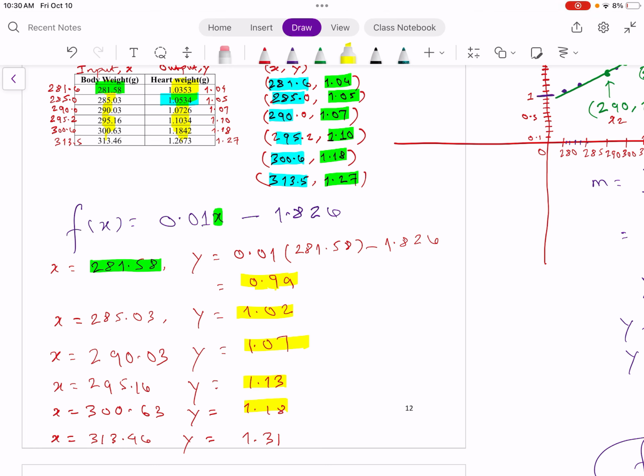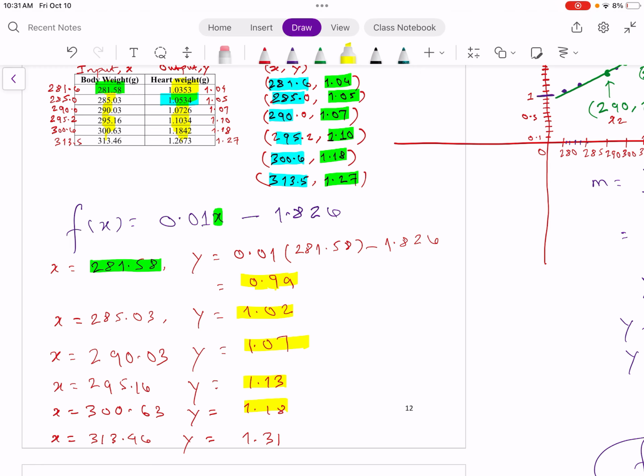Now, from this function, can we find the heart weight of a rat whose body weight is 500 grams? How do we find it? This function gives us the heart weight for a rat. Let's make a prediction for a rat whose body weight is 500 grams. You replace x in the function by 500 and just do the calculation. Can anyone help me here?